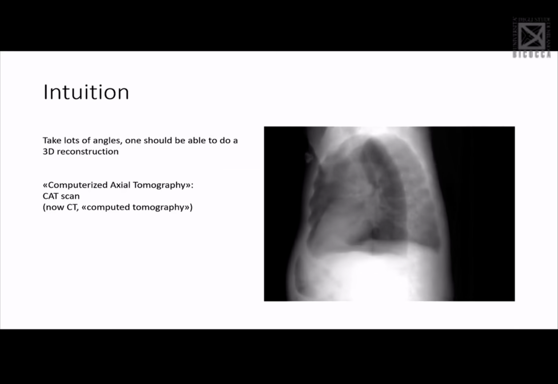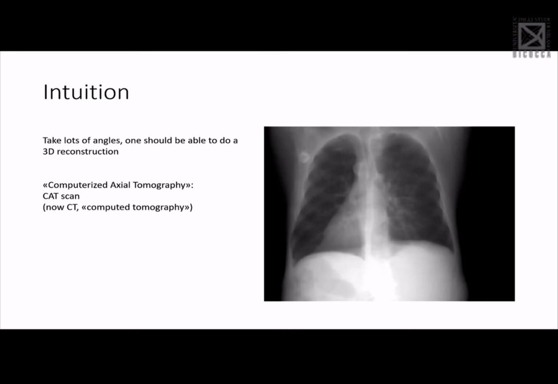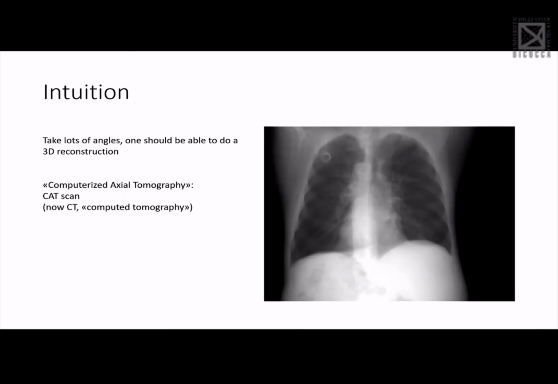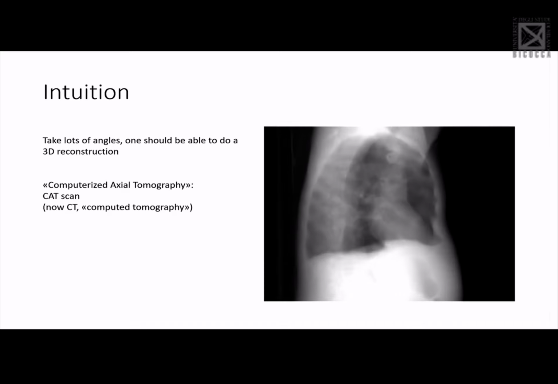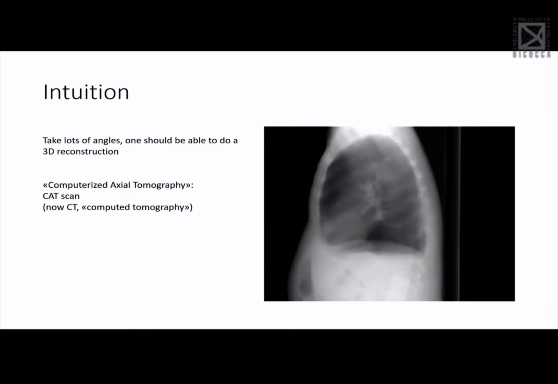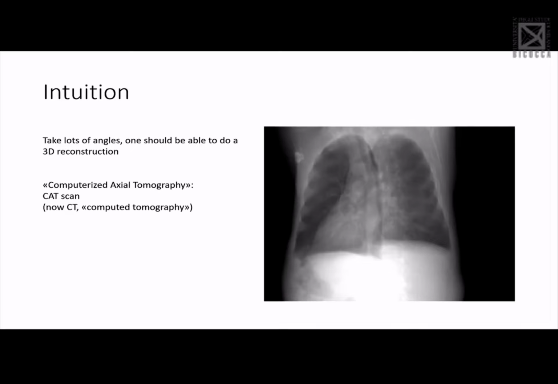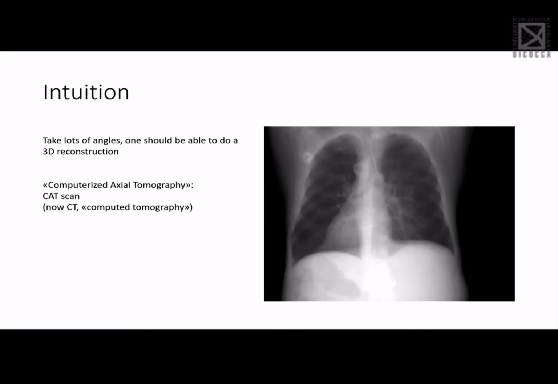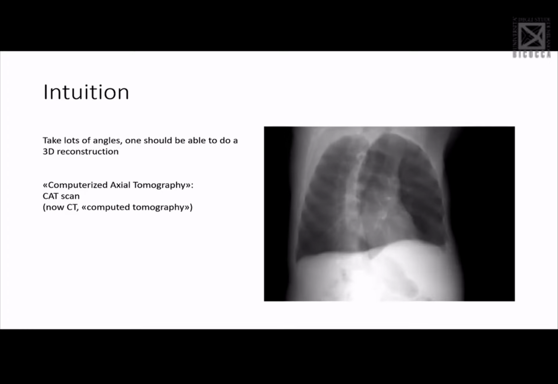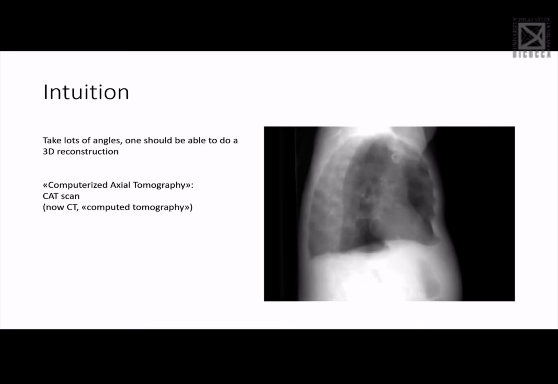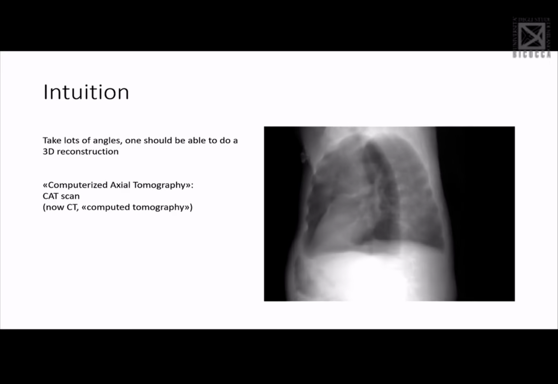So what's the intuition behind a CT? We have seen the shade of an object along one direction and the other. The intuition is that if you take really lots of angles, you should be able to reconstruct all the volume, because in every projection you say, okay, this object is to the left of this one when viewed in this direction, but it's on the right of the other one when looking the other way.